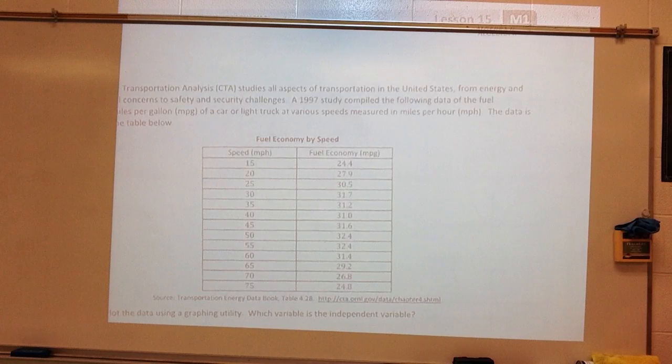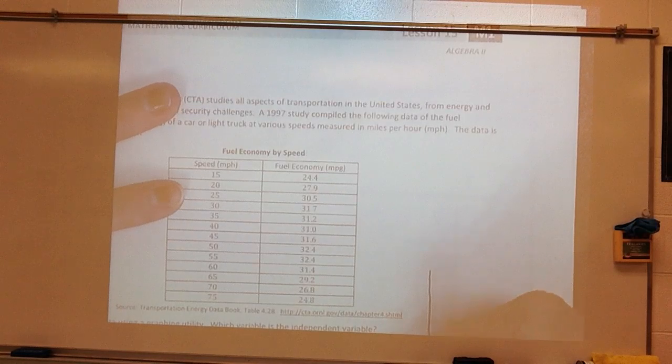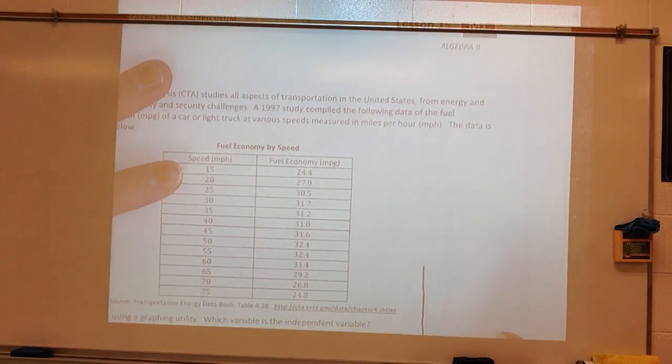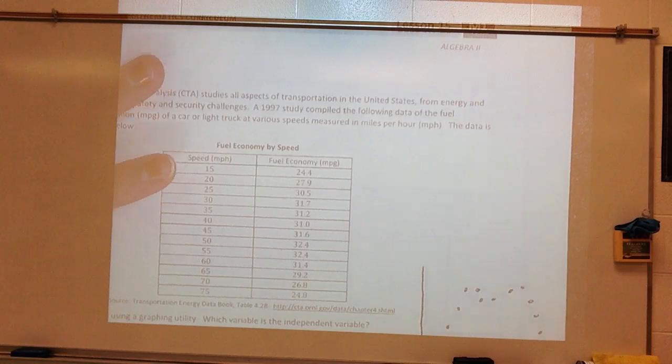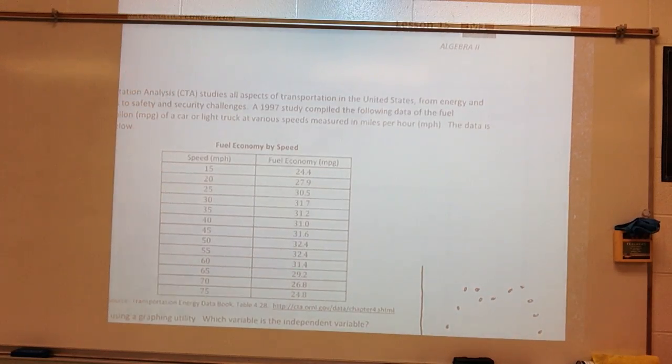Which variable is the independent variable? If I were to plot these points, it would look something like this.